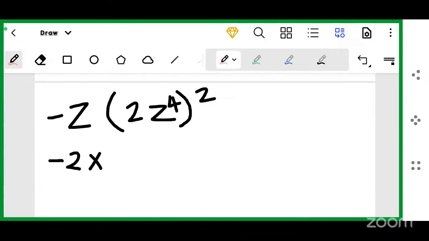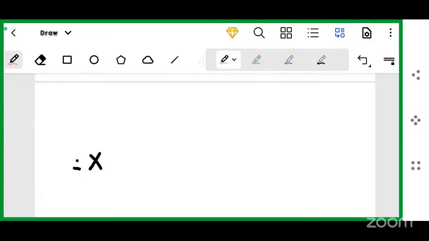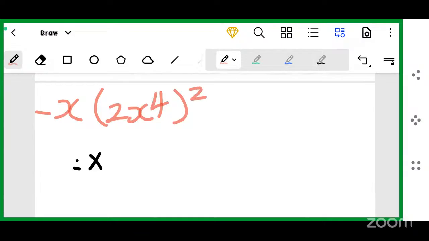I was saying this is Z. Okay, let me use something that is not a bit confusing. So let's use X. So we had negative X, open bracket 2X to the power of 4, close bracket, to the power of 2. Something like this. I saw that the Z is a bit confusing.